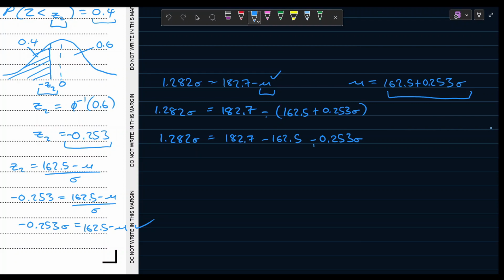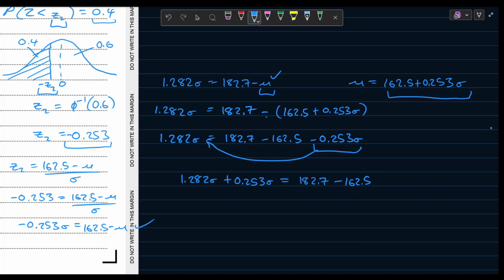Now let's put this term in sigma to the left, so that it's 1.282 sigma plus 0.253 sigma is equal to 182.7 minus 162.5. All right, so on the left, we've got 1.282 plus 0.253.